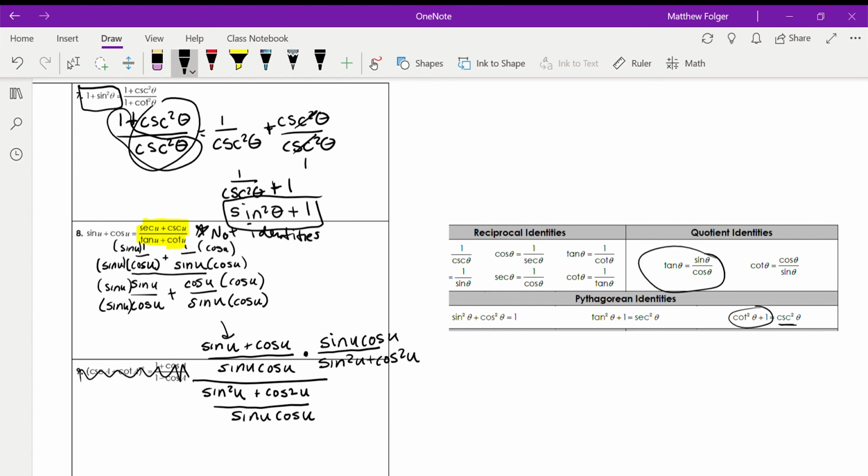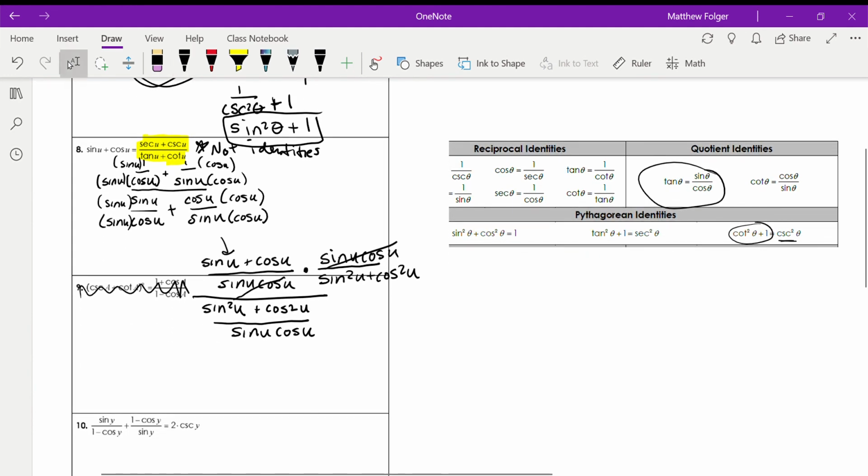Think about what happens when we do that. These go away. Another way to think about it is you could have just canceled the denominators here. So what's left? Sine u cos u times sine u plus cos u over sine squared u plus cos squared u.